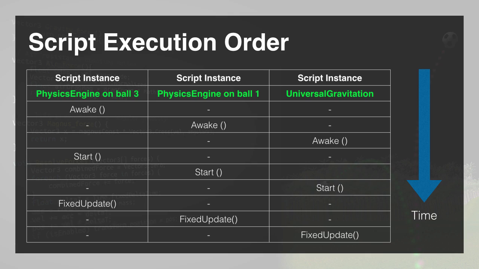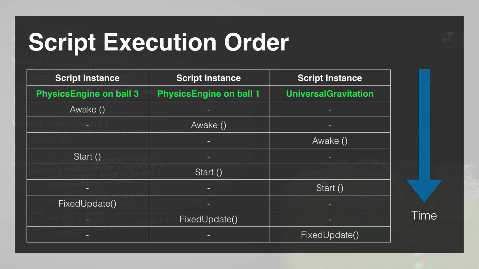We'll run its awake function, then going down in time, the next script will run its awake function, and so on. So what we're getting is that we're concerned here about the fixed update loop. That happens for one of the balls, and it includes moving the position of the ball. So by the time we get to the next script instance on the other ball, the ball has moved. That's why the force vector is pointing in the wrong place. I hope that makes sense.